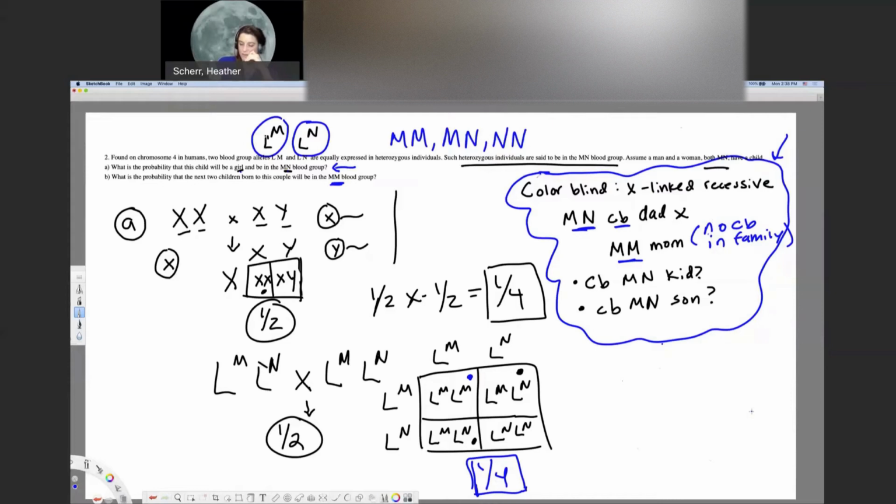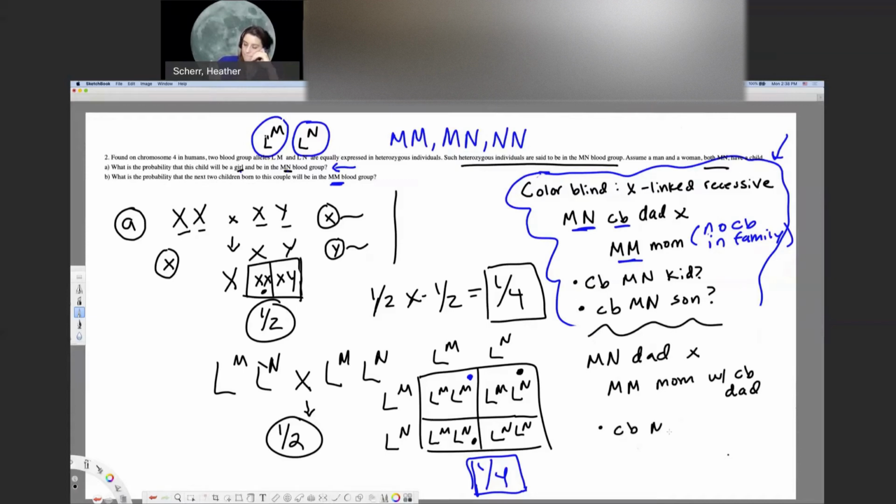No colorblindness in her family. And then let's do one more scenario. So that's one more variation.